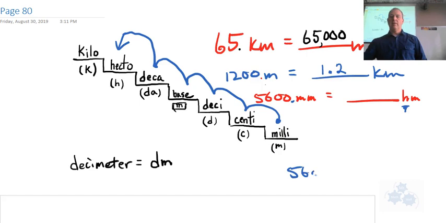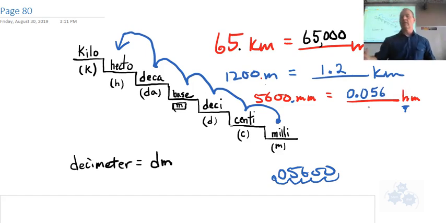So let's see, 5,600, I got to go 1, 2, 3, 4. And if you have to go an extra space where there's nothing there, you fill in the space with a 0. So I'm going to put a 0 in front. I'm going to put that decimal. Then 0, 5, 6. And you can put 0, 0 if you want. You do not have to. The zeros at the end can be left off. How many of you understand this 5 out of 5?